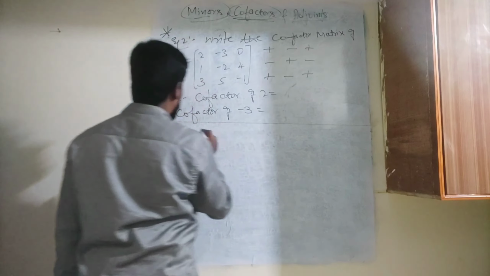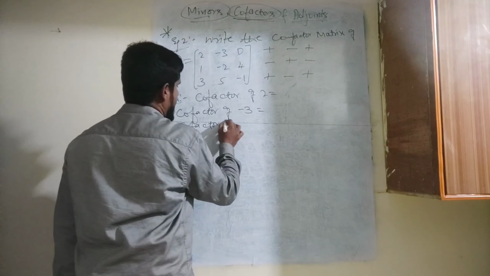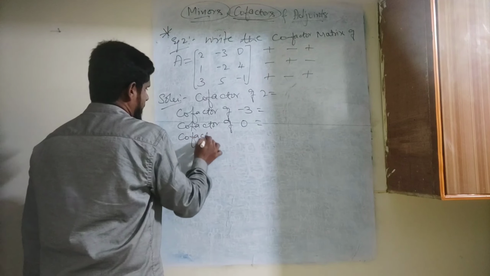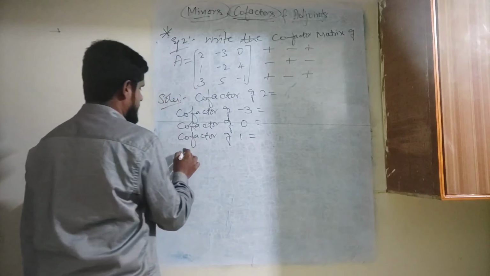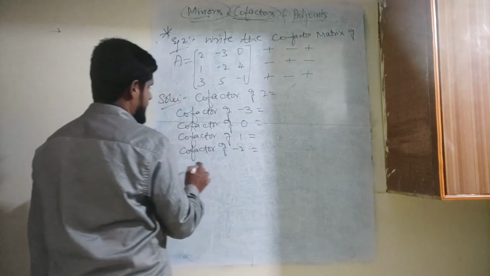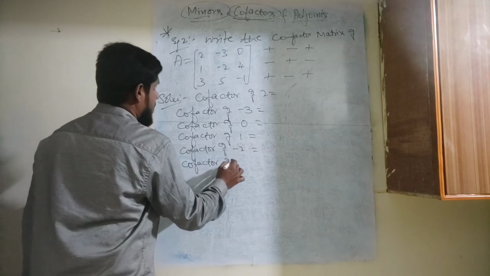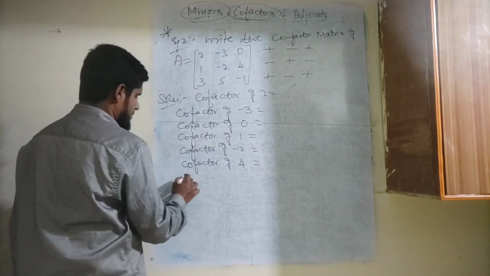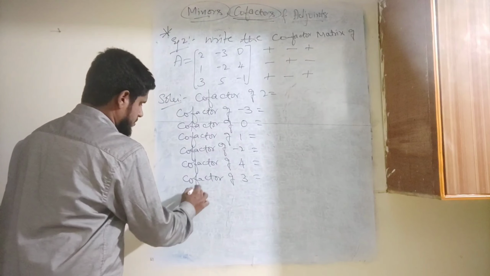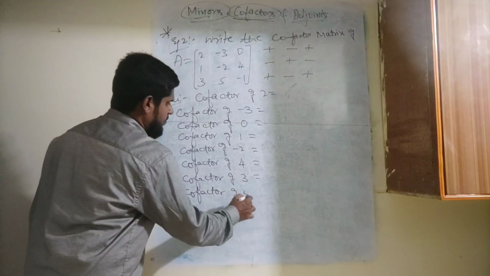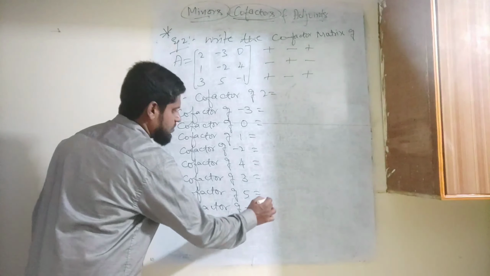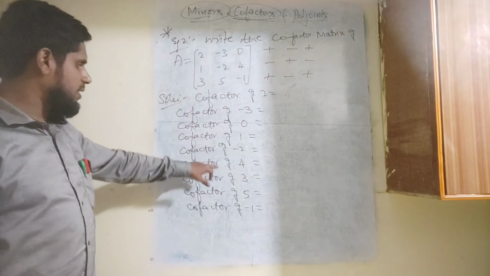Cofactor of -3, cofactor of 0, cofactor of 1, cofactor of -2, cofactor of 4, cofactor of 3, cofactor of 5, and last cofactor of -1. Okay students, I wrote all the 9 elements.